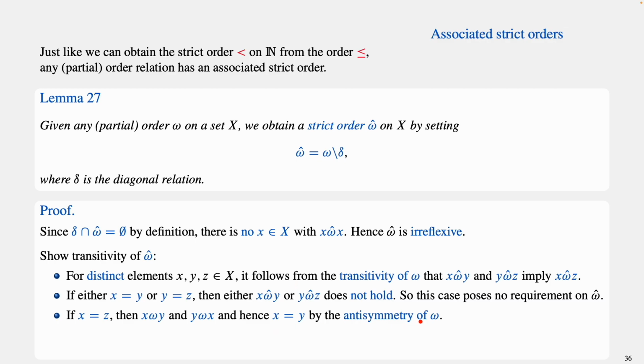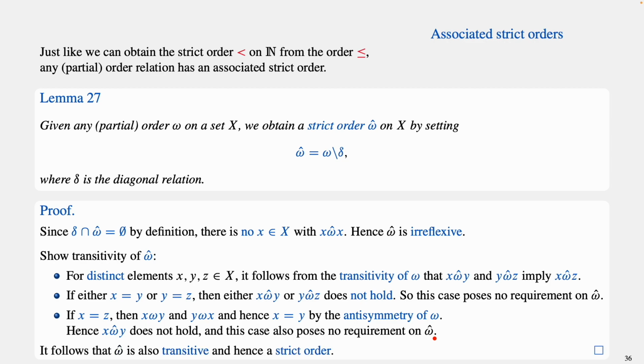And by the anti-symmetry of the original relation omega, this actually already requires x to be equal to y. And then x omega hat y does not hold because y is actually the same as x. And so this case also poses no requirement on omega hat to show anything about transitivity.